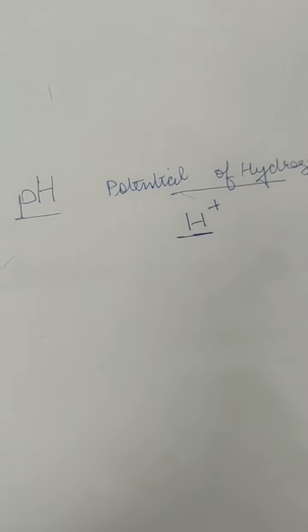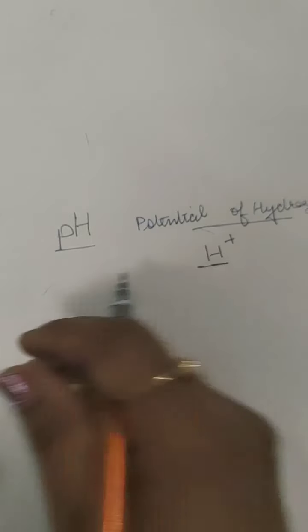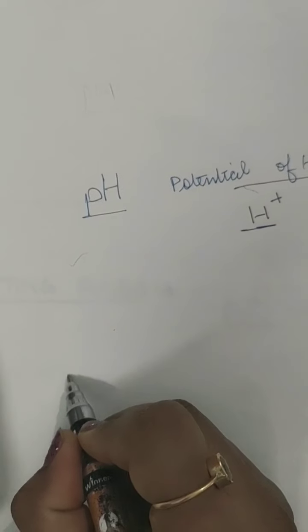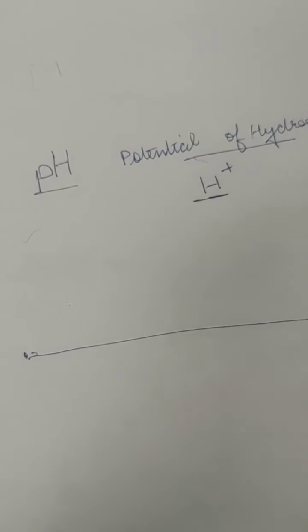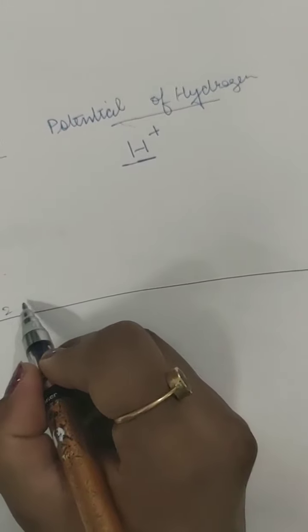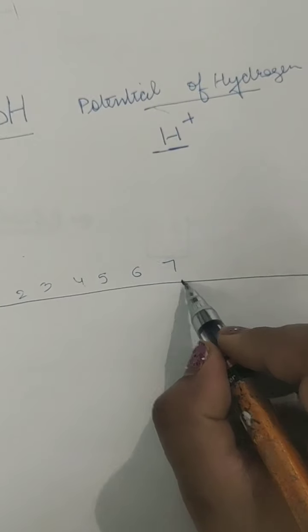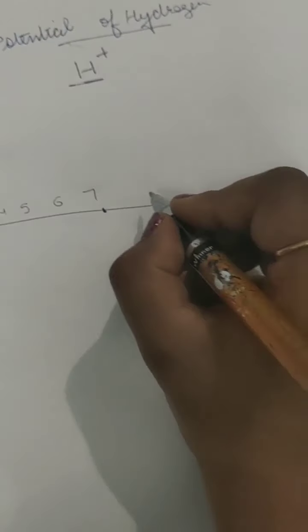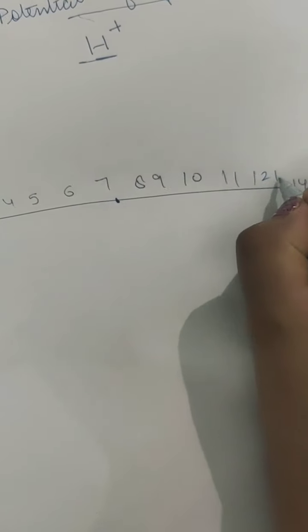So if the number of hydrogen ions is more, the strength of the acid is more, and if the number of hydrogen ions is less, the strength of the acid is less. The pH scale ranges from 1 to 14: 1, 2, 3, 4, 5, 6, and 7 is the center place, which is called neutral, and then 8, 9, 10, 11, 12 and 13.